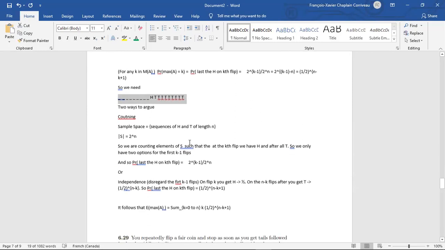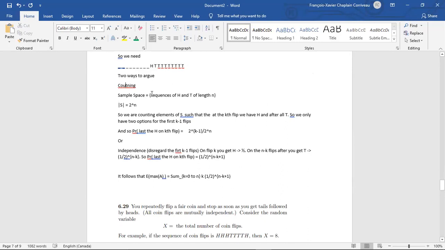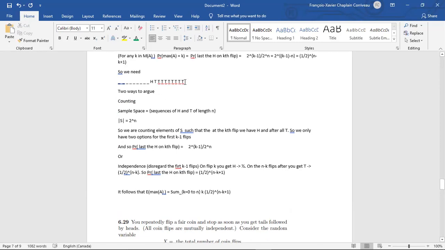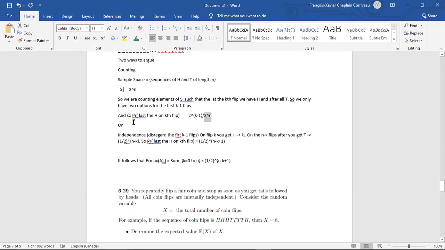Well, there are two ways to argue it. You either do a counting argument. You count the total number of strings that look like this, which is 2 to the k minus 1, over the total number of sequences, 2 to the n. Or you just use independence.